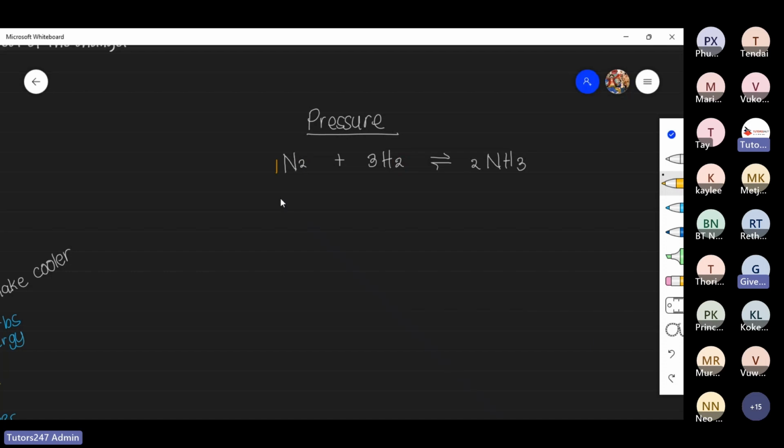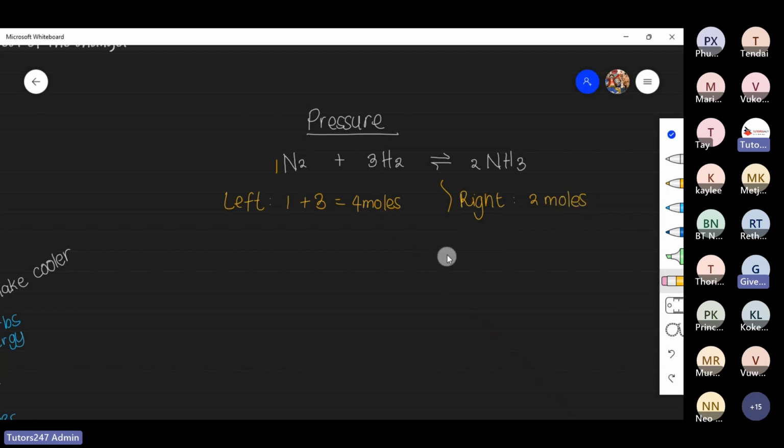Okay, so on the left, what do we have? We've got 1 plus 3, which gives us 4 moles. That's the left side. Let's have a look at the right. On the right, we are only dealing with one substance, so we can just say 2 moles.